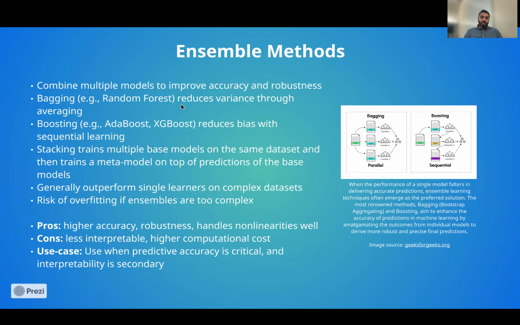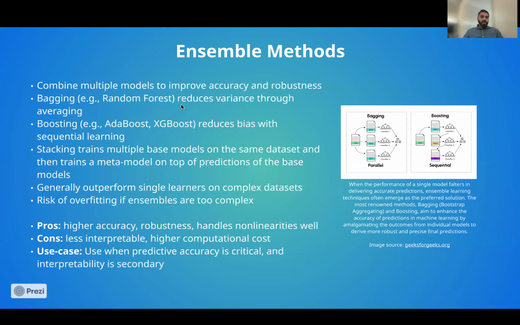Where you're setting up multiple different models, and then coming up with a final prediction that amalgamates the output of each model to improve accuracy and robustness, right? So bagging is one technique, boosting is another, and stacking is yet another. Those are the three most common ensemble methods that we see in the field. And out of these three, I'd say bagging and boosting are the most common ones. So, you'll come across them every now and then.